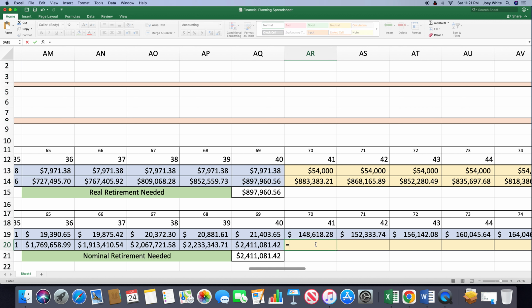we can look at the drawdown, the nominal drawdown of our retirement.